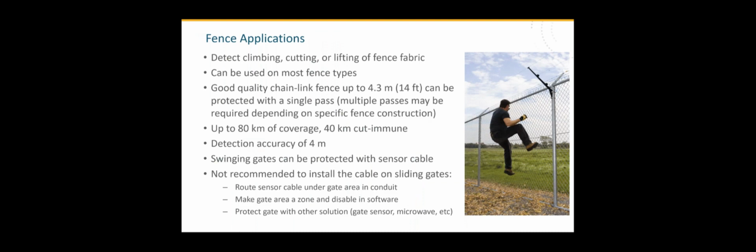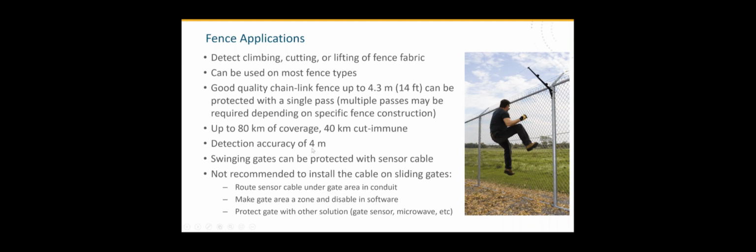So what can we do with this system? As we've talked about, we can deploy it on fences. If you have a decent quality chain link fence, we can, with a single pass, give you up to 4.3 meters or 14 feet of coverage. And for fence applications, you can get from the one box up to 80 kilometers of coverage total, or 40 kilometers in the cut immune configuration.